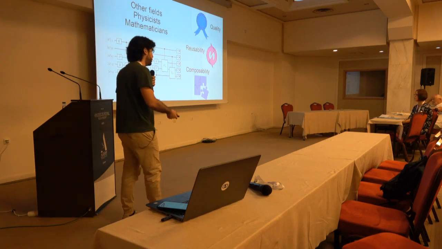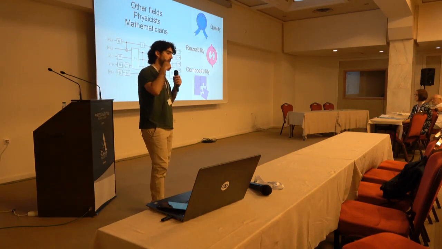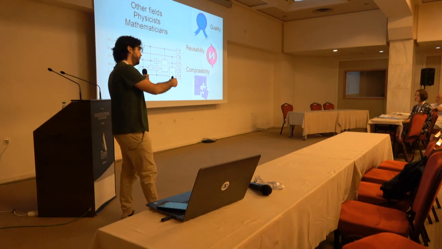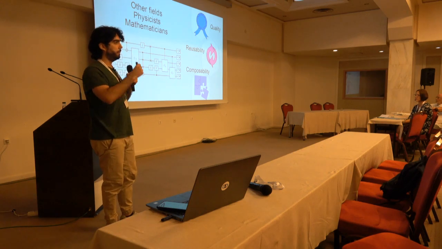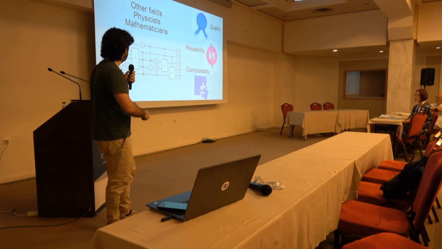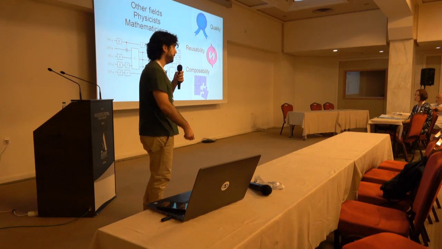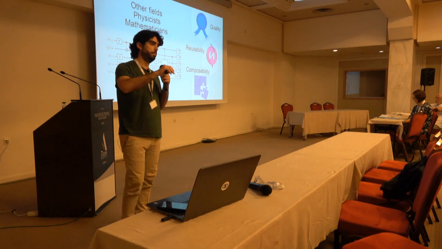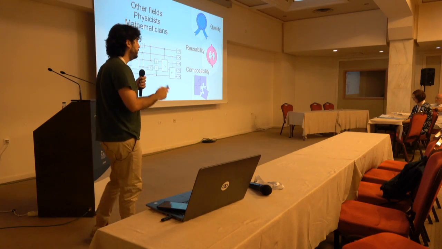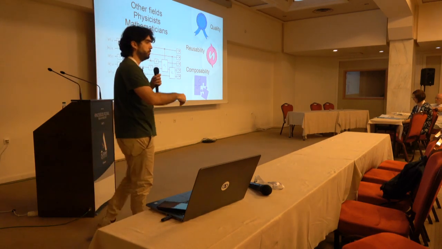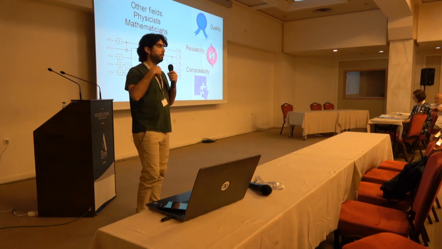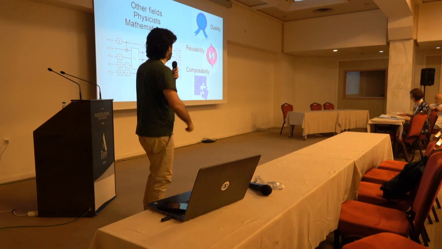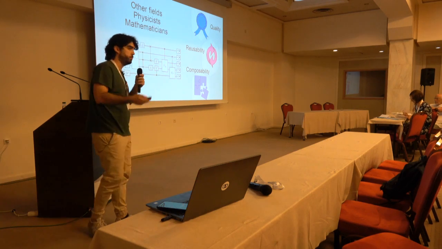So it's closer to other fields which have a deeper knowledge of the theory behind all of these gates, such as physicists or mathematicians, such as myself. And these researchers, these people, are not quite familiar with the attributes that good software requires to be used in an industrial level, such as quality, reusability, or composability.